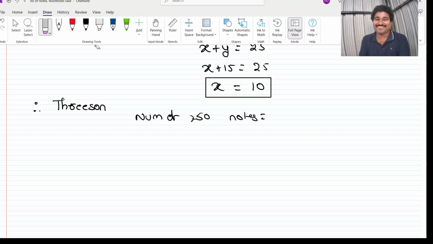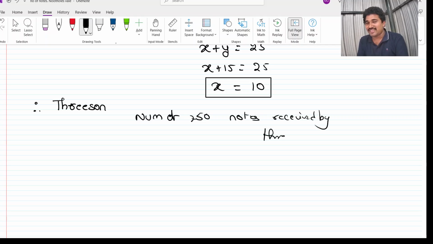Notes received by three sons equal to 10. So here you should not write like this, yes or no? How much? 10. Write properly. Don't write like this, you have to write better.